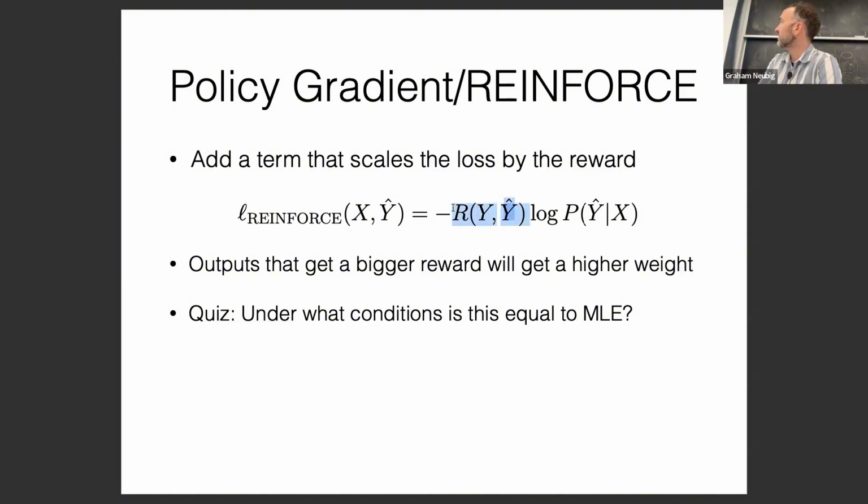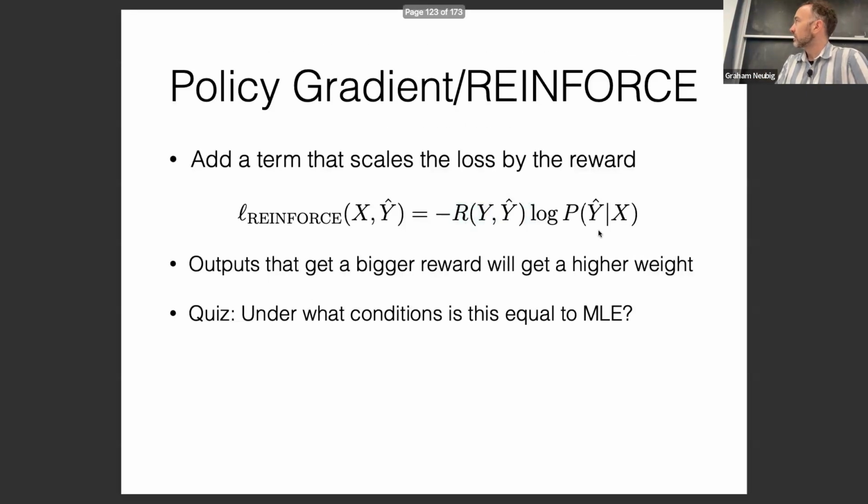So basically, if we're talking about exact match between the outputs, and you get a reward of 1 when the generated output is exactly equal to the reference output and a reward of 0 otherwise, then this will essentially be equal to maximum likelihood.